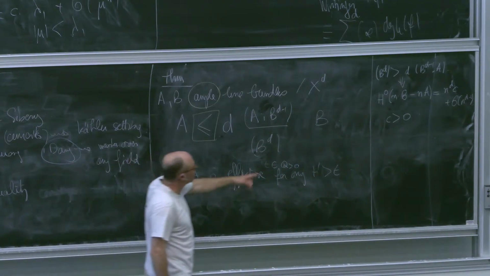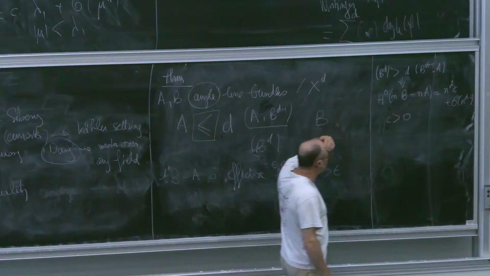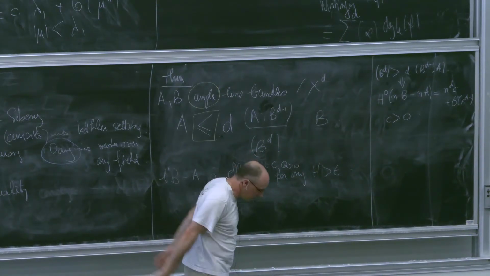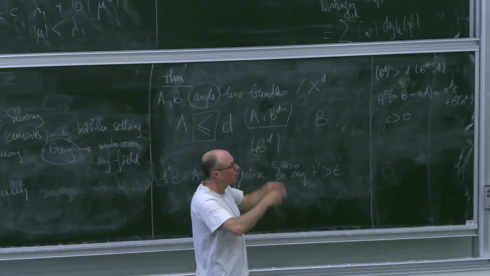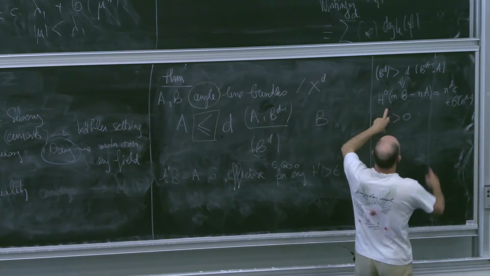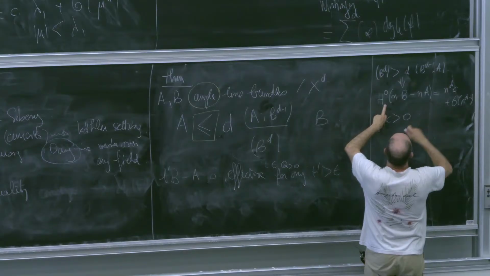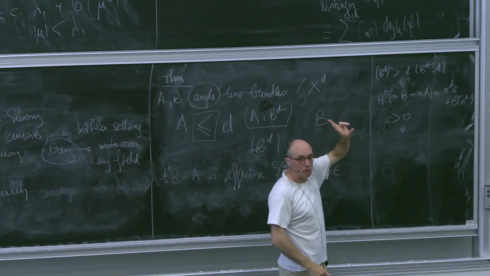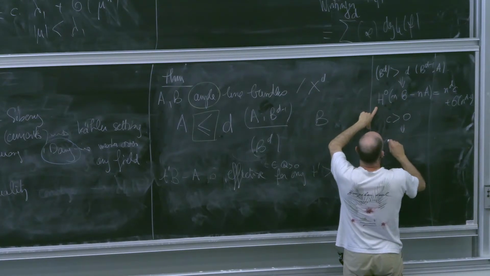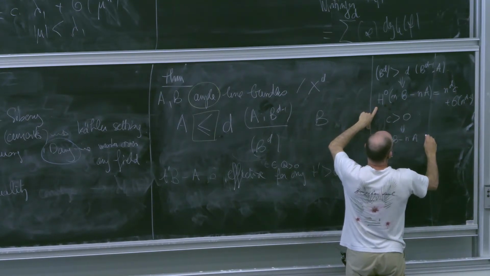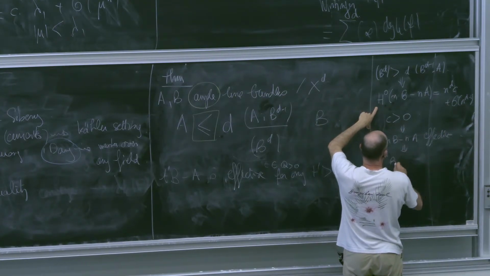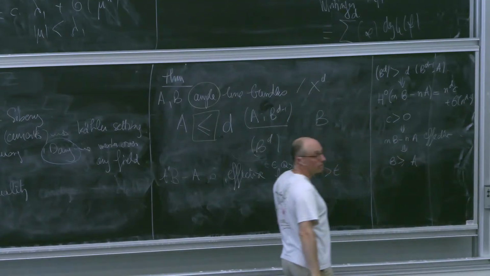So I'm looking at the linear system nB minus nA, and I'm saying that there are a lot of sections, at least if you multiply by some huge divisible n. Since it's sufficient to have just one section to claim that nB minus nA is effective, this implies that B is greater or equal to A.